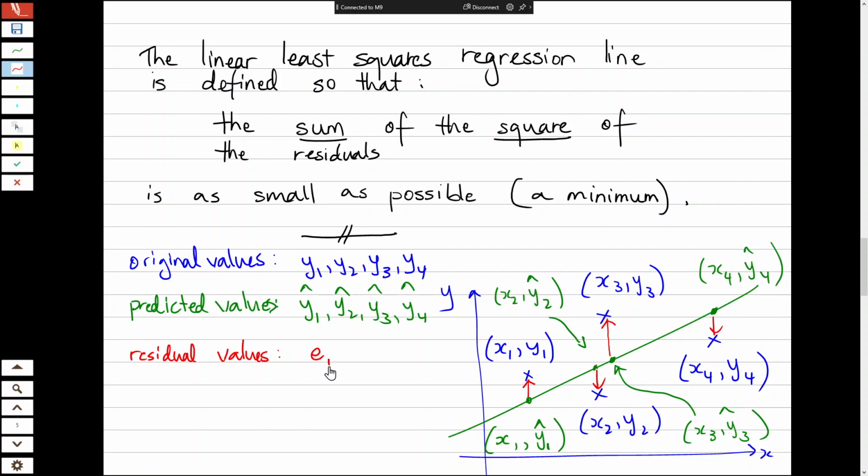So it's going to be y1 minus y1 hat. That's this red arrow. So essentially what's happening here is I'm calculating this difference 4 times, once for each data point.